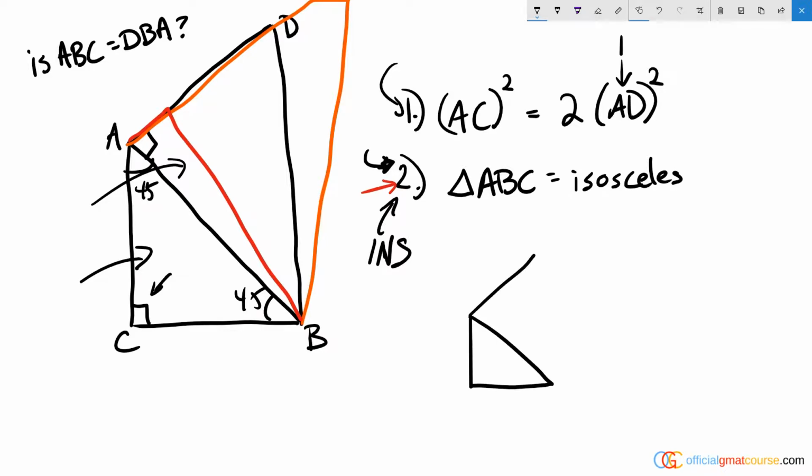Okay, so if I know that we have right angles here, if I know that AD is 1 and AC would then be, since I would have 2 is equal to AC squared, that would mean AC is equal to root 2, which would make this height root 2.